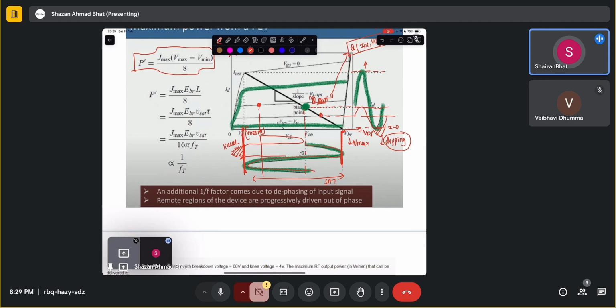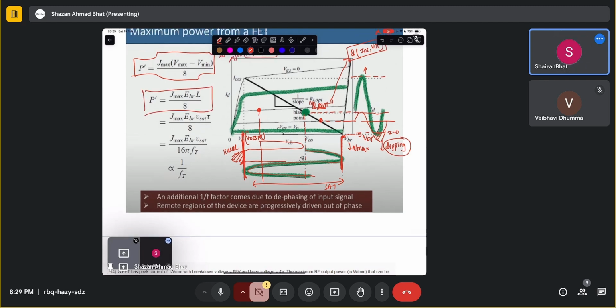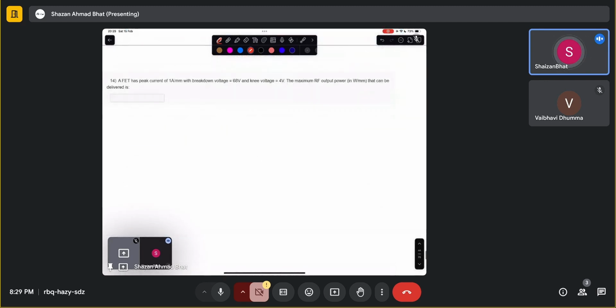If you have everything, you can solve this question. You are given the breakdown voltage and the knee voltage, which is the VD sat, and then you can compute the maximum RF output from this device: 1 over 8, 68 minus 4.